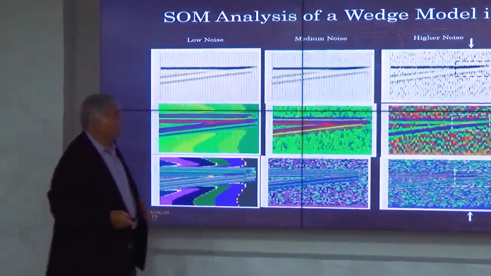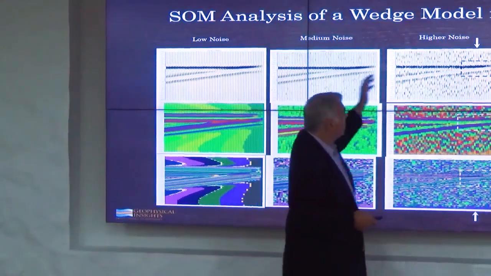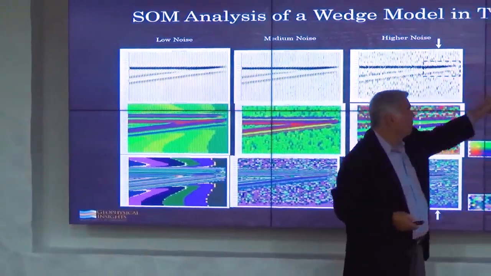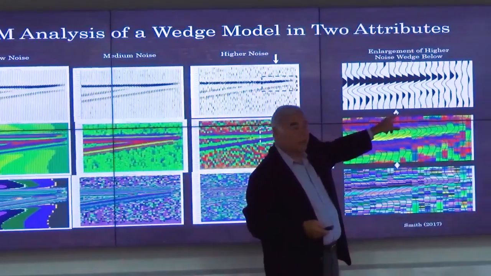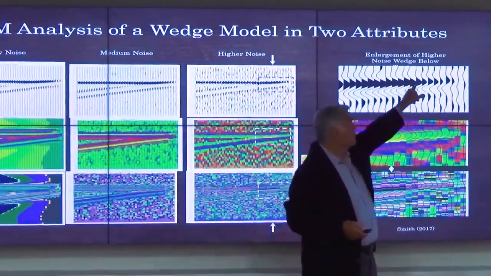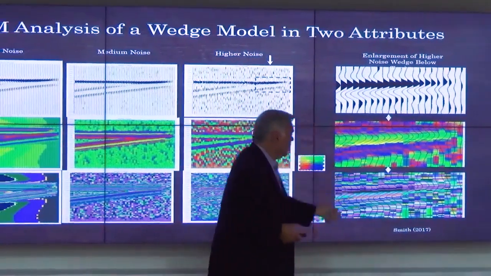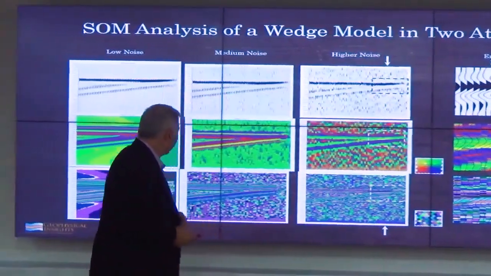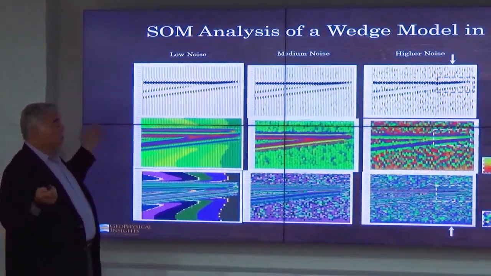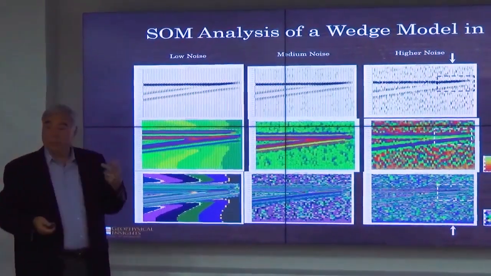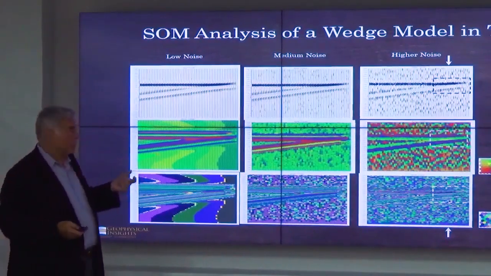Now we've got that over here, low, medium, and higher noise, and this is a blow up of the effect. And these little arrows right here show you tuning thickness. So once we get to tuning thickness, the amplitude falls off. The middle and the bottom here, what's that? Well, now we do a SOM analysis, and for this illustration, we're only using two attributes: the real trace and the Hilbert transform.